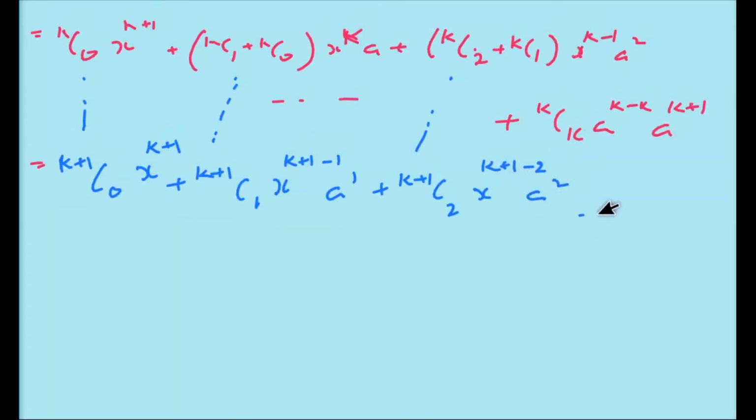And the last term, kCk, can be written as (k plus 1)C(k plus 1). The value of this is equal to this one, that is 1.